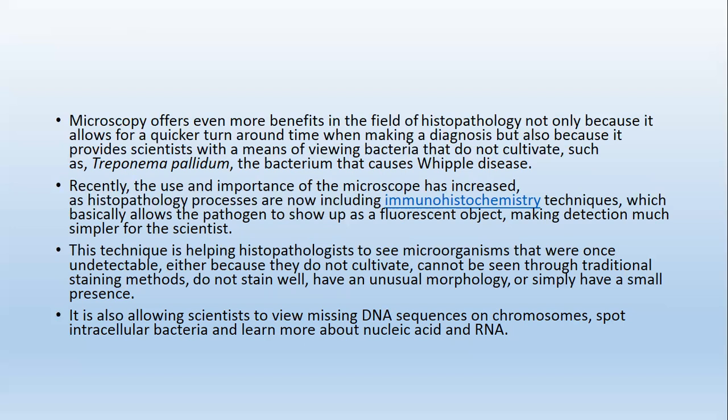This technique is helping histopathologists to see microorganisms that were once undetectable, either because they do not cultivate, cannot be seen through traditional staining methods, do not stain well, have an unusual morphology, or simply have a small presence. It is also allowing scientists to view missing DNA sequences on chromosomes, spot intracellular bacteria, and learn more about nucleic acid and RNA.